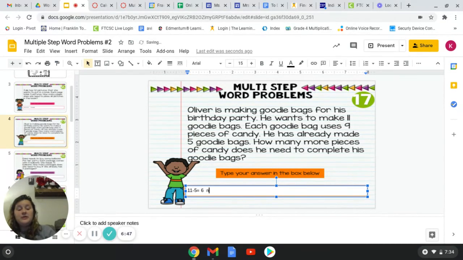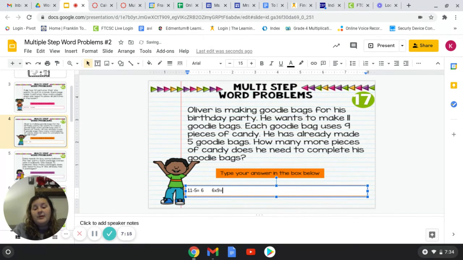So I'm going to take that 6, which is how many he needs to make, and multiply that by how many pieces of candy he wants in each goodie bag. And if you read in that third sentence, he wants each goodie bag to have 9 pieces of candy in it.